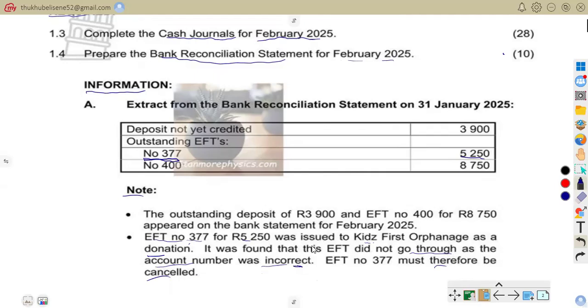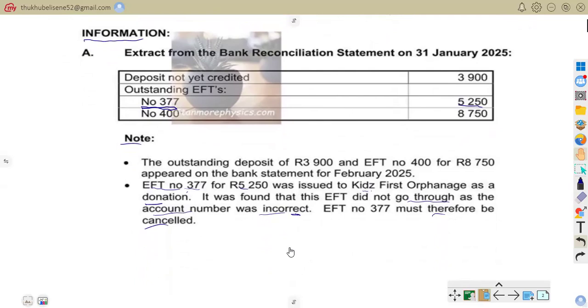We are going to add the missing receipt from the bank statement because EFT 377 is now cancelled. It was originally recorded as a payment and must now be reversed and come back as a receipt. Meaning we are going to add it to our receipts.